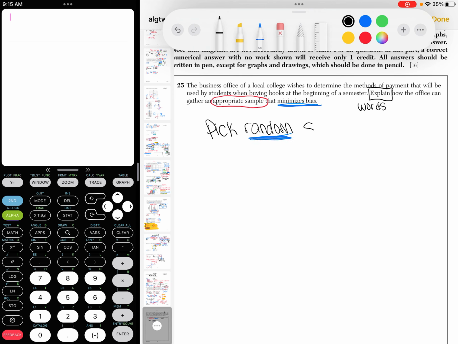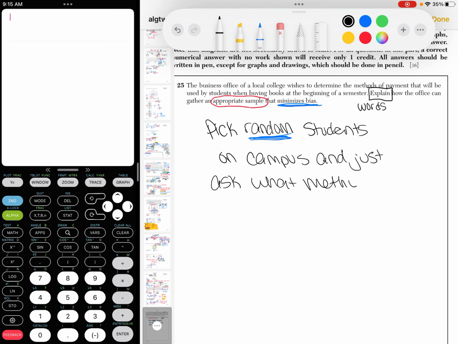So I'm going to say pick random students on campus and just ask them what method of payment they will use when buying books.